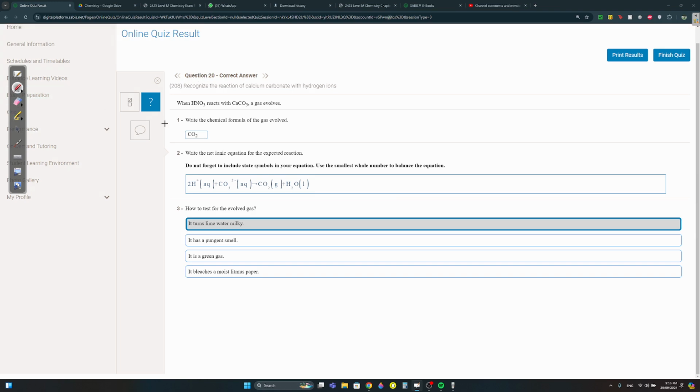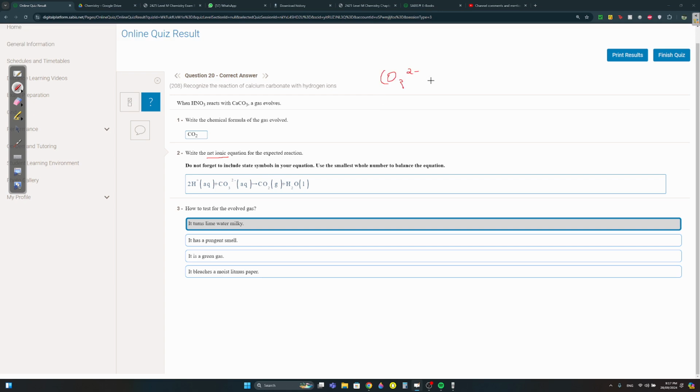Write the net ionic equation. Very easy. For the expected reaction, do not forget to include state symbols. Net ionic is usually when you have a precipitate, no? Anyway, I think they just mean to write the whole reaction, and we already wrote it.